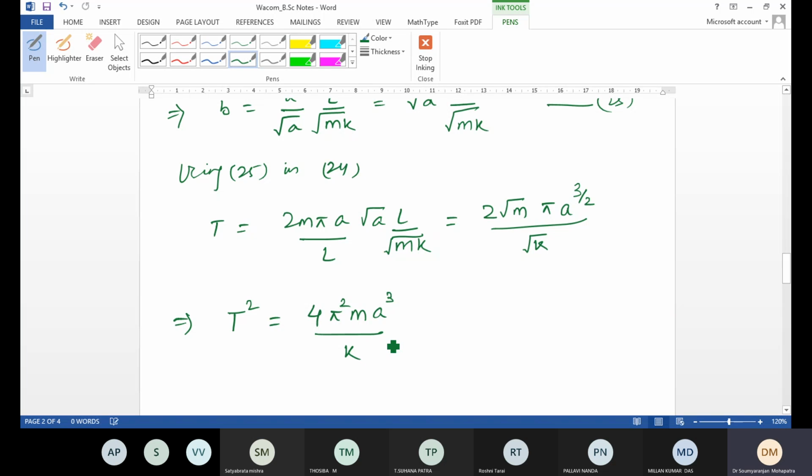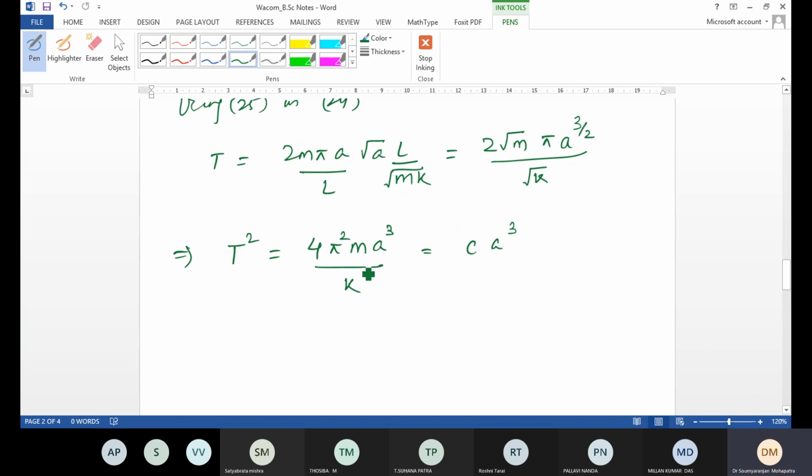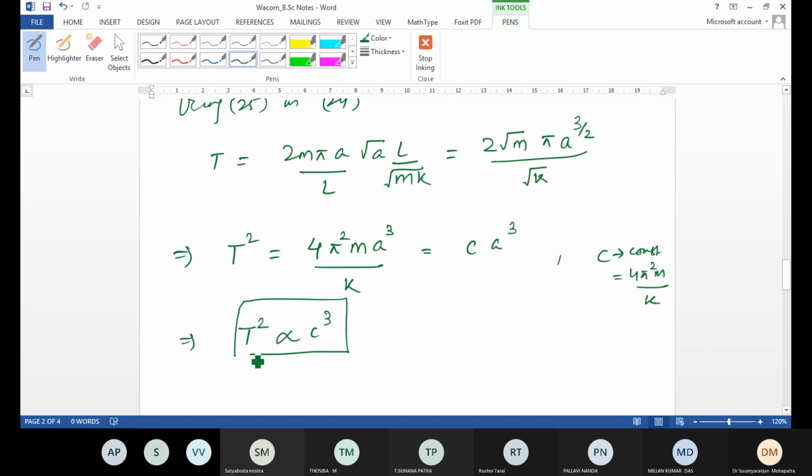If you do the squaring, what you get is 4 pi square M A to the power 3 whole divided by K. Let's say that constant is C, so T square is C A cube, where C is a constant, that is 4 pi square M by K. So this implies I can write T square is proportional to A cube.